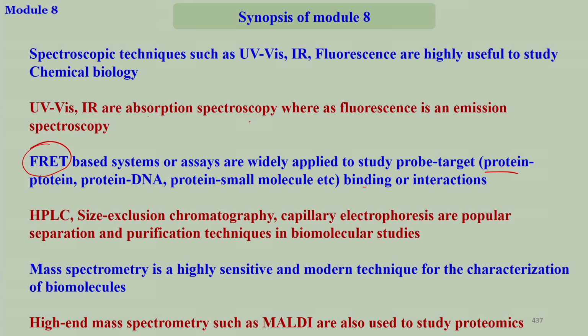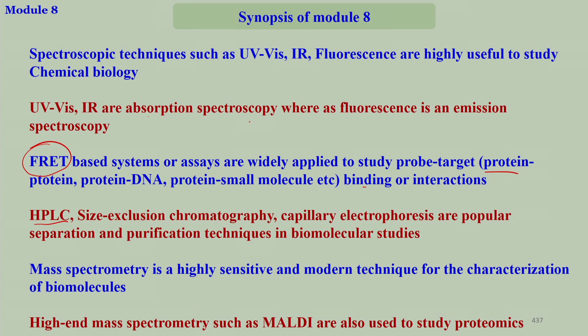Then comes the purification: HPLC, size exclusion chromatography, capillary electrophoresis. They are very popular separation and purification techniques in biomolecular studies. Mass spectrometry is a highly sensitive and modern technique for the characterization of biomolecules.